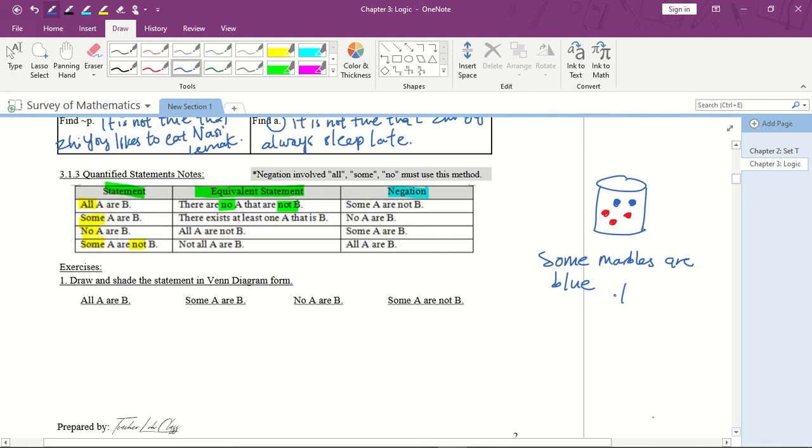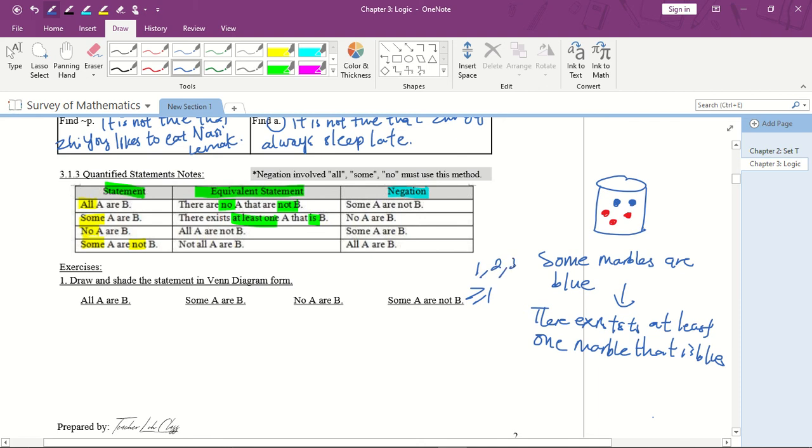So the equivalent statement will be there exists at least one A that is B. So I will say that there exists at least one marble that is blue. It makes sense, right? It exists at least one, and I have 2. At least one means it can be 1, 2, 3 or more.